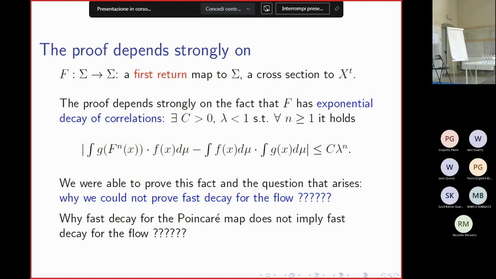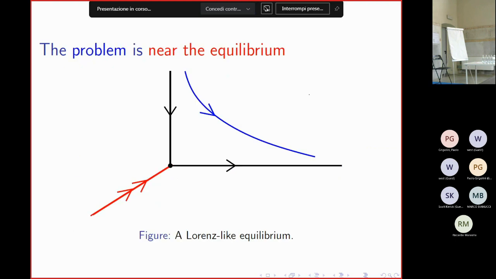And why this? The point is what happens near the singularity. The singularity, or the equilibrium, is like this. You have a fixed point where the flow is zero. If you take the linear part, you have three real eigenvalues, all distinct: two are contracting and one is expanding, and you have this relation.